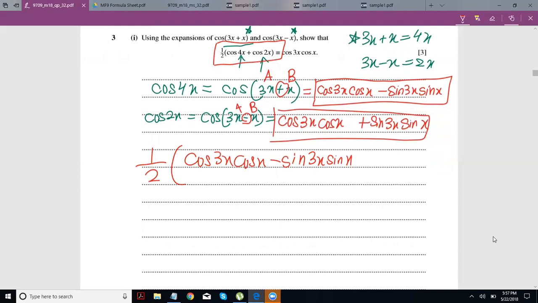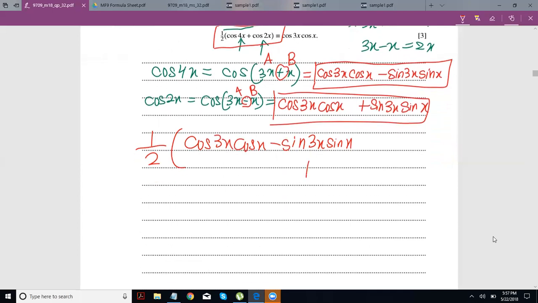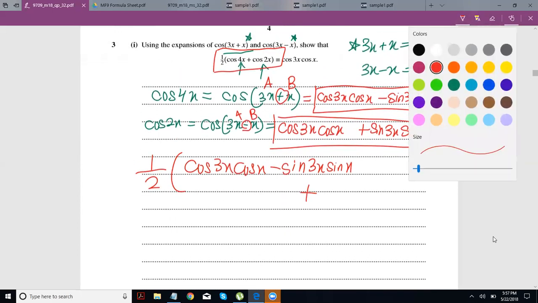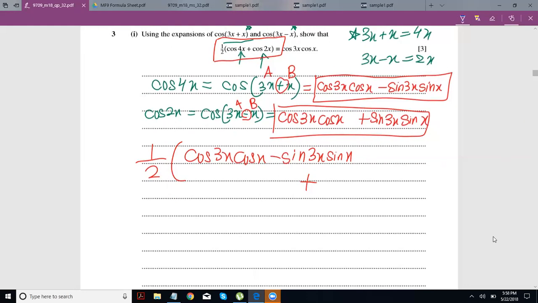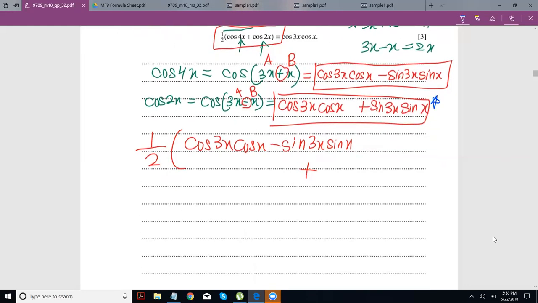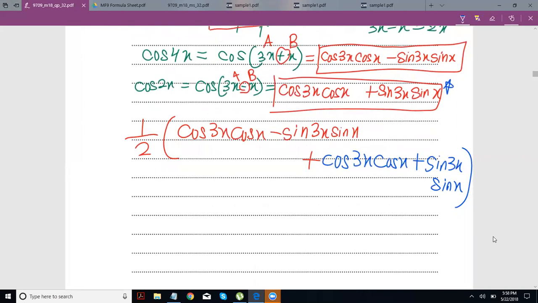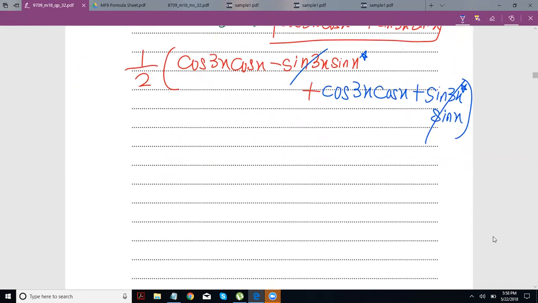And I don't have enough space to write it here, so I'll just write it here, plus, and then you write this, which is cos 3x cos x plus sine 3x multiplied by sine x. Now, if you really think about this, this is minus sine 3x sine x, and then there's a plus sine 3x sine x. So you can just simply cut through these.